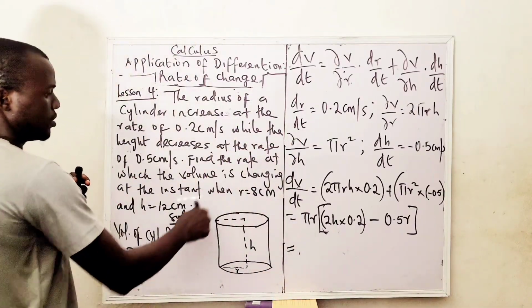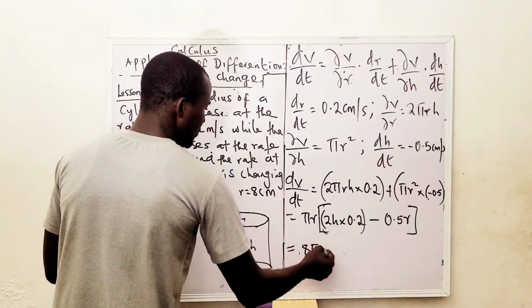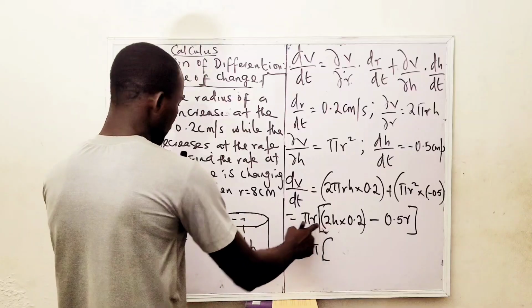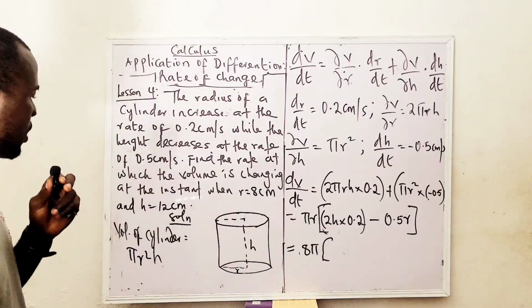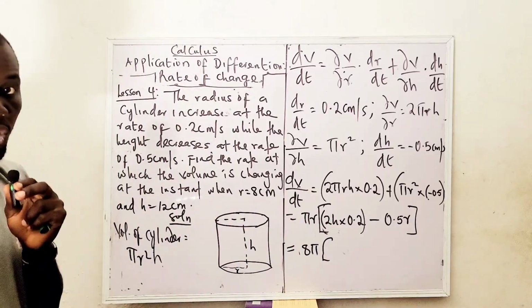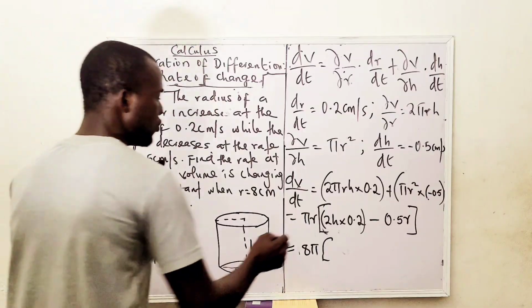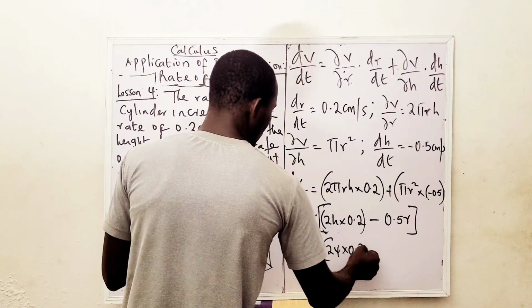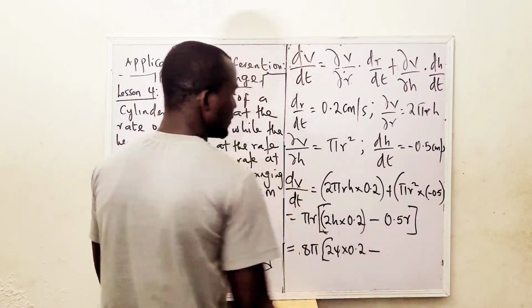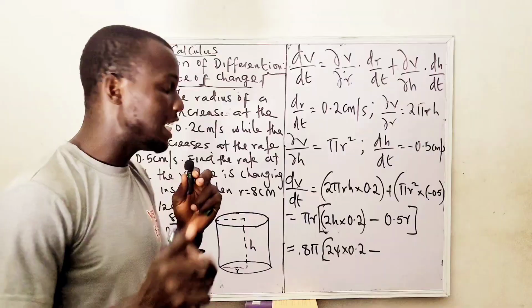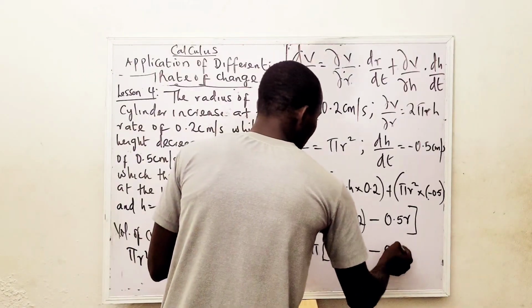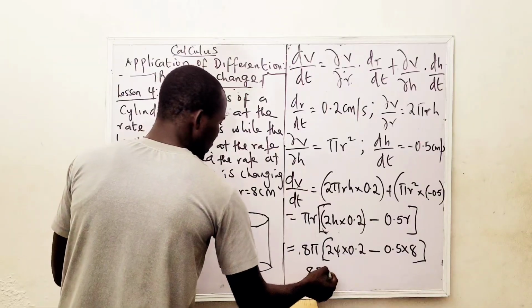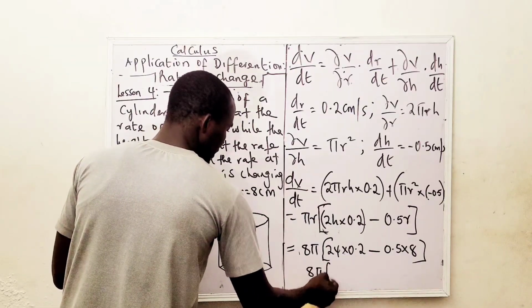Do not forget, we are given the radius to be 8 centimeter. So this is 8 pi. And our h is 12. 2 times 12 is 24. So we have 24 times 0.2, and then minus 0.5 times r, that will be 0.5 times 8, and then our 8 pi.